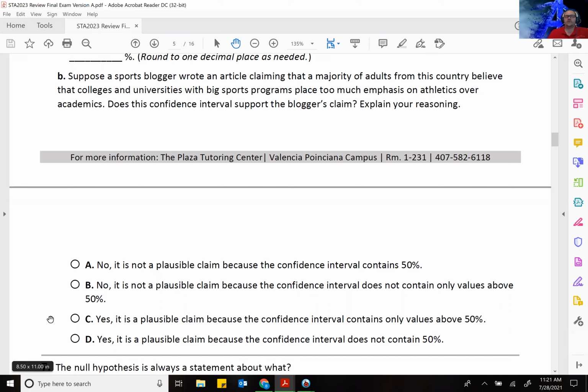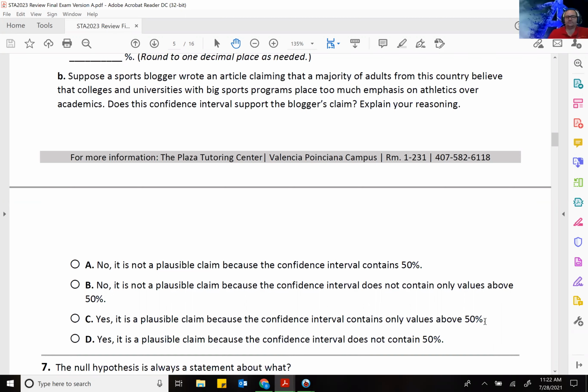I agree with C. So yes, it is a plausible claim because the confidence interval contains only values above 50%.